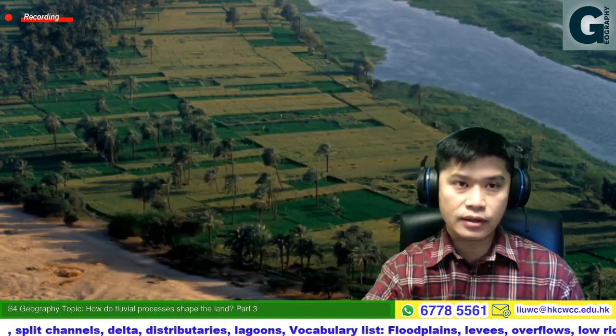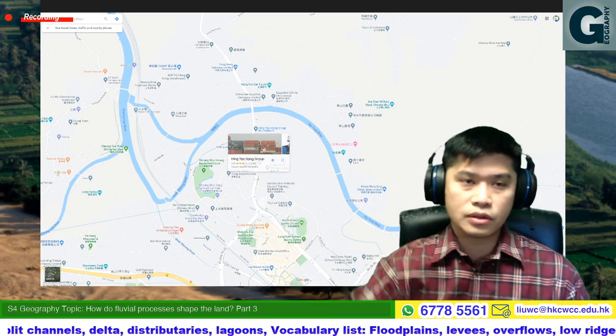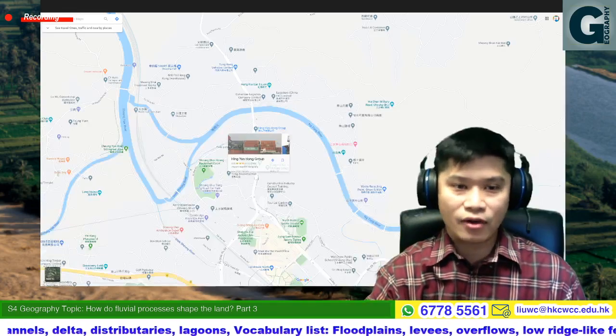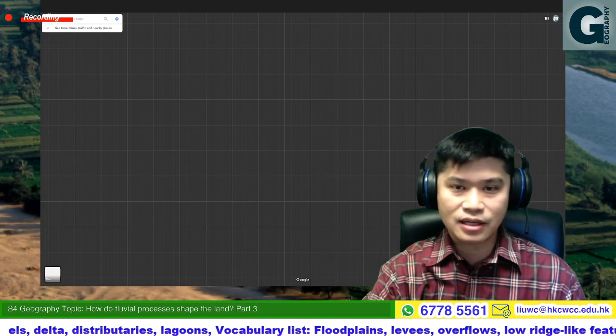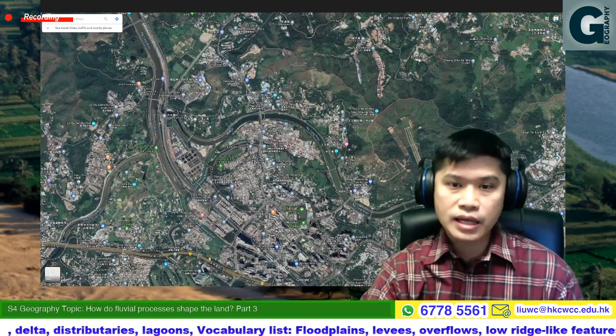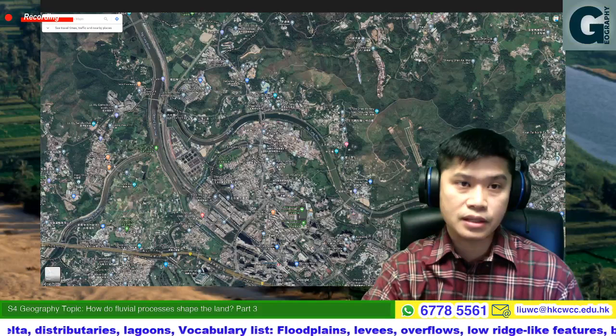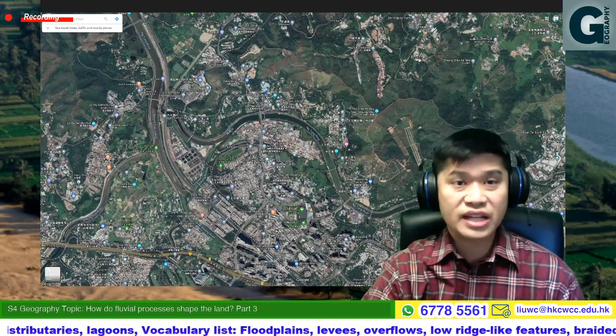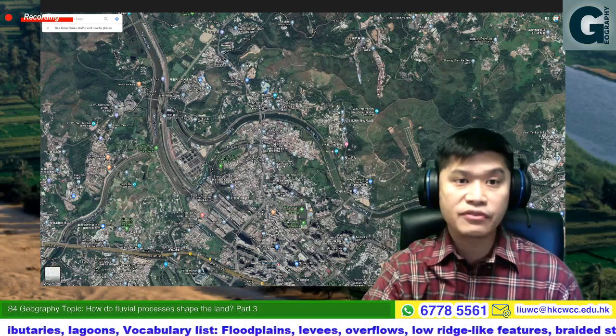This area was also a floodplain, but right now, if you look at the satellite image, most of the area has been developed into settlement. So you won't see any farmland.